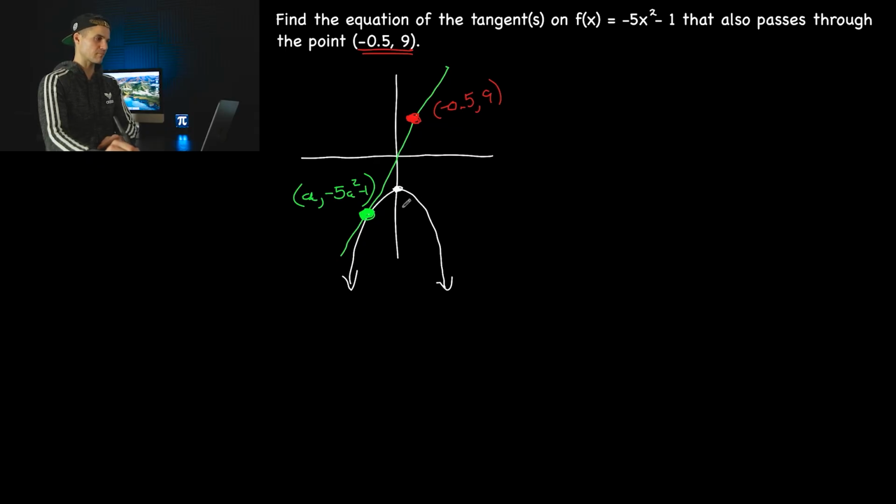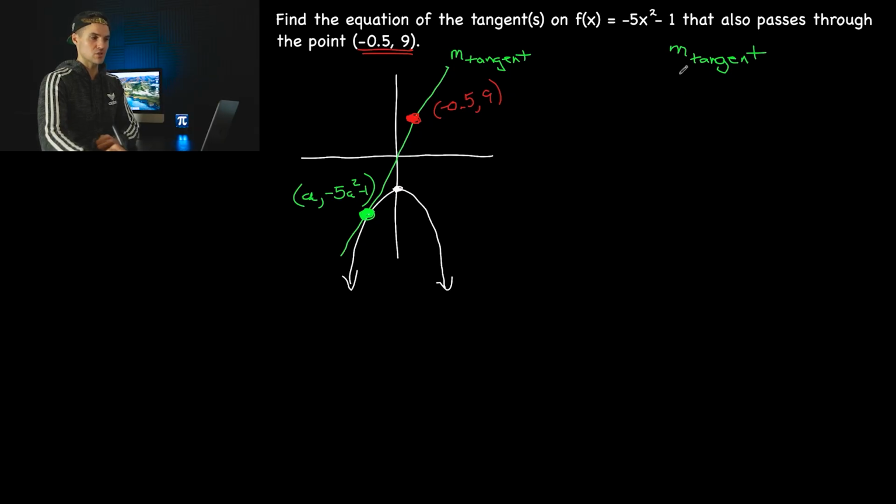What we actually have to do is find an expression for the slope of this tangent in 2 different ways.